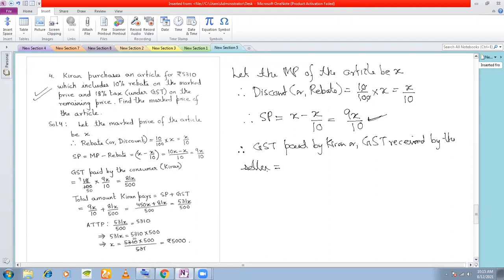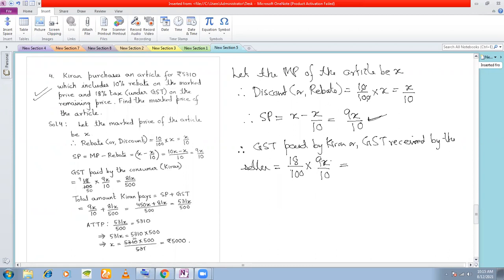is equal to rate of GST is 18%. Now 18% includes CGST and SGST. So we will not separate because there is no chain here. Because Kiran is the consumer. Okay, and whoever is the seller, we don't know who he is buying from and at what rate he is buying. So we don't know all that. So 18% of the selling price.